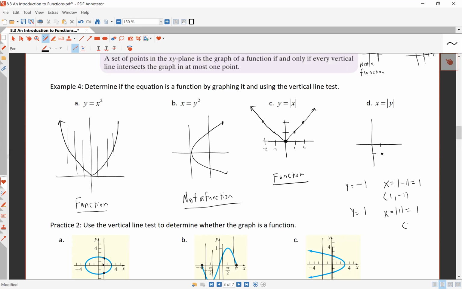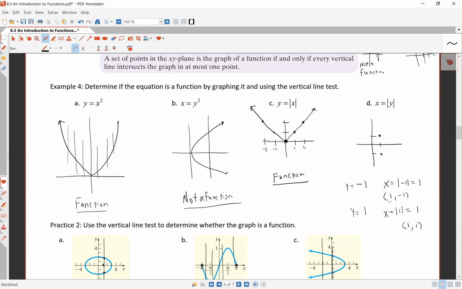And so this is the point 1, comma 1. The first one is 1, negative 1. And the second one is 1, 1.